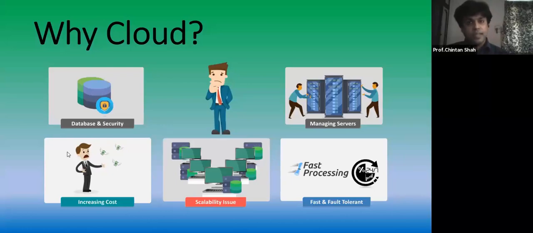That's not all. The security was also an issue. So they required database security, and they also wanted a system which is fast and fault tolerant. When I say fault tolerant, it means a system that has minimum downtime.